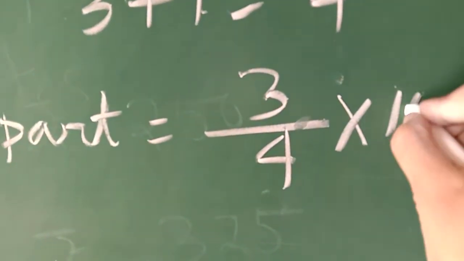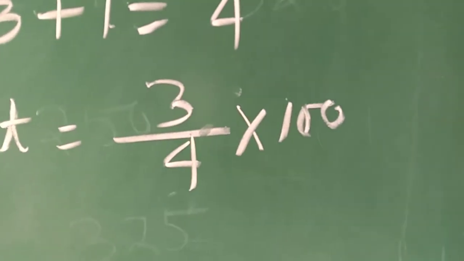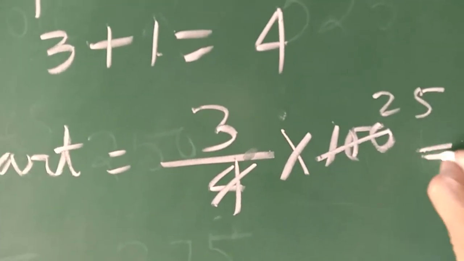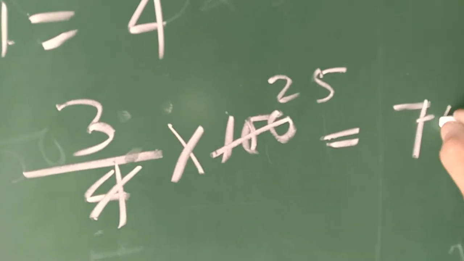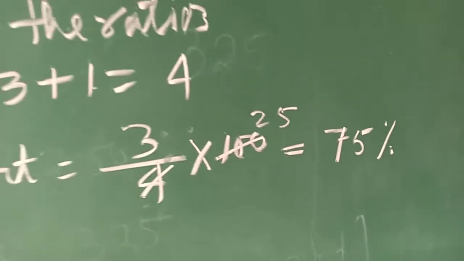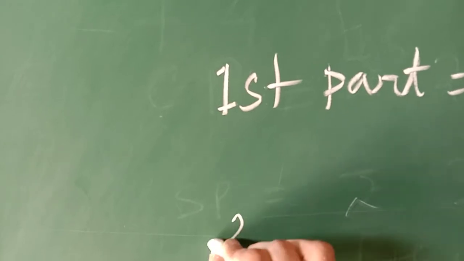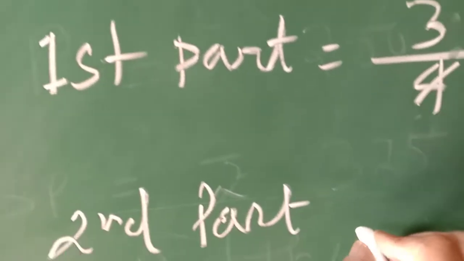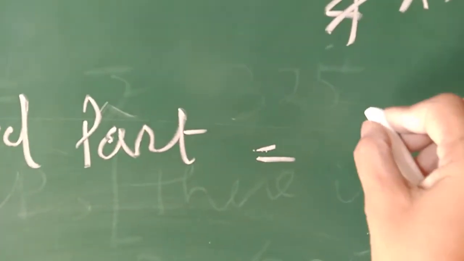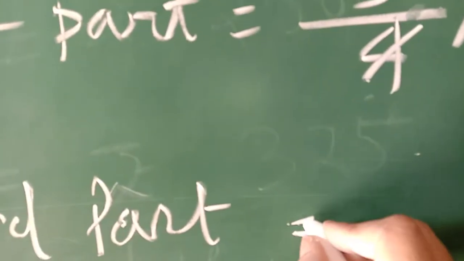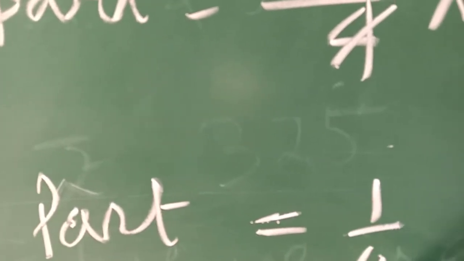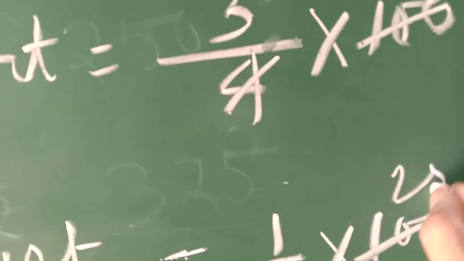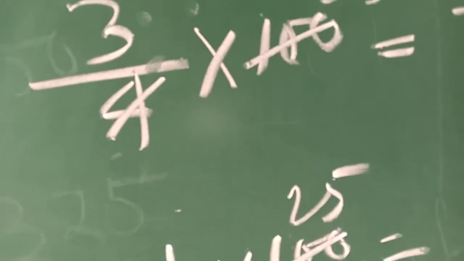To convert it into percent, what will you get? Into 100, 4 25s are 100, 3 into 25, 75. So first part got 75%. Second part equal to 1 by 4 into 100, that is 25%.